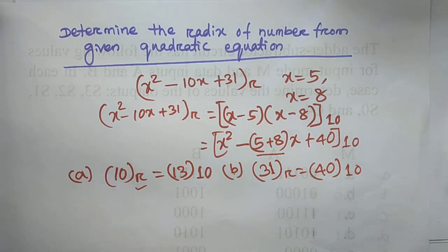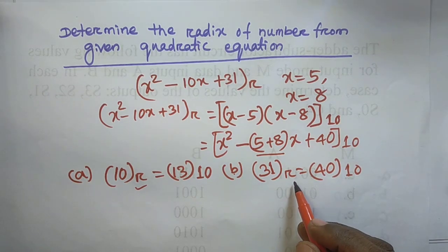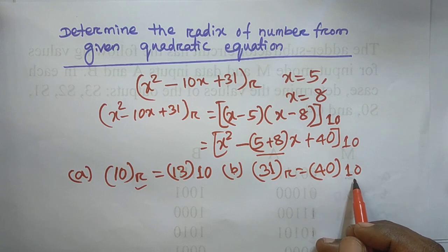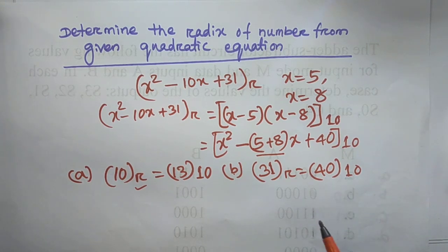Here the radix is unknown, that is r. Equating, the first case is 10 with radix r equal to 13 with radix 10. The second case is 31 with radix r equal to 40 with base 10. Now we solve for the r value by which the problem will be solved.